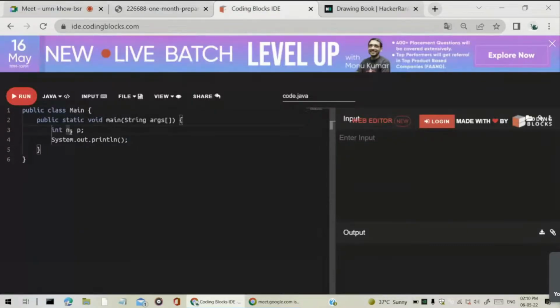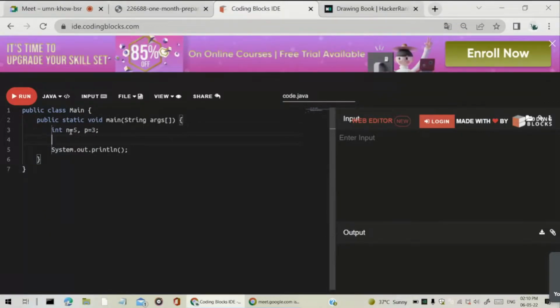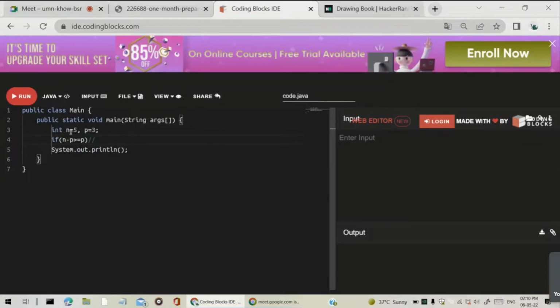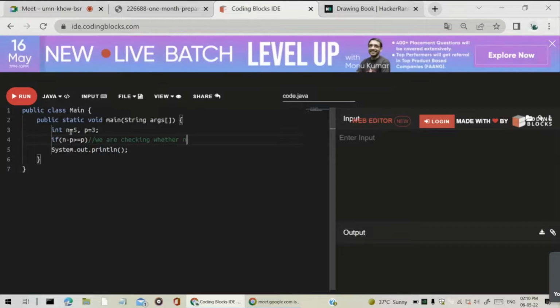At first we are taking the values of pages n equal to 5 and p equal to 3. Then what we are essentially doing is checking whether the required page number will come nearer from the front side or the back side. I will write here. We are checking whether n minus p is greater than or equal to p.